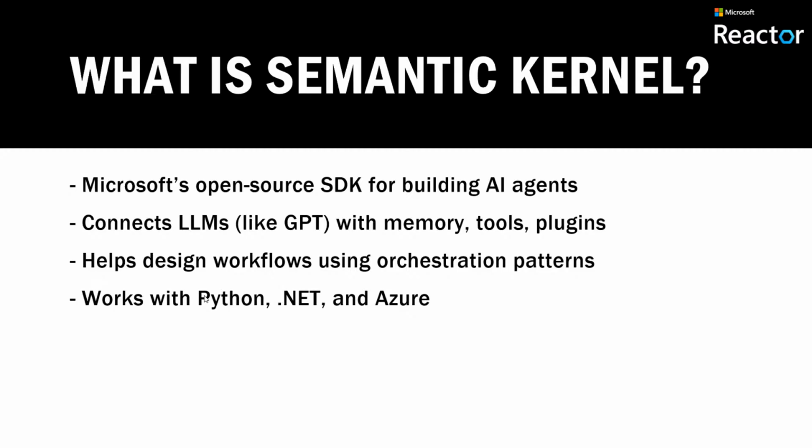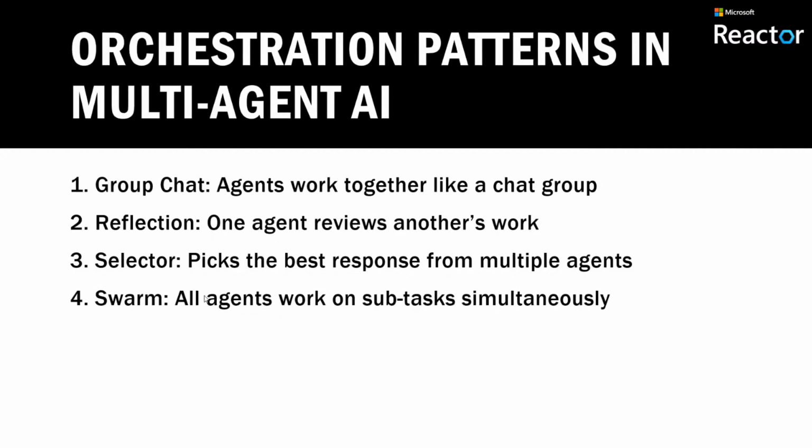Now that we have seen what the semantic kernel means, what we can do with it, and what multi-agent means, we want to understand how we can integrate or orchestrate the different patterns available inside multi-agent AI, so that we can integrate the same inside the semantic kernel.